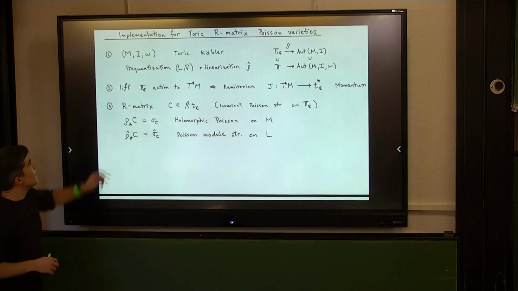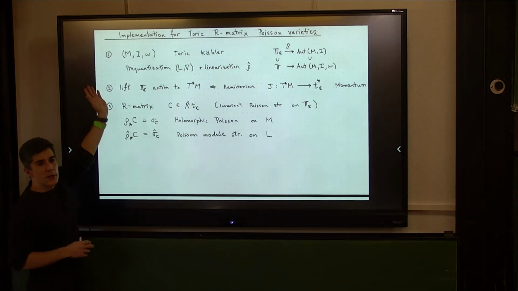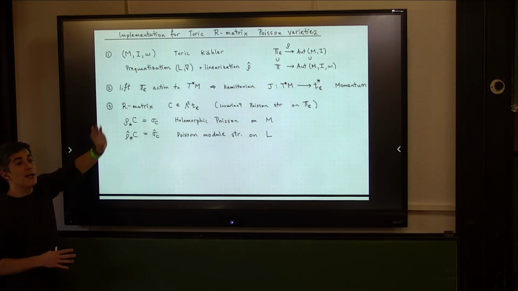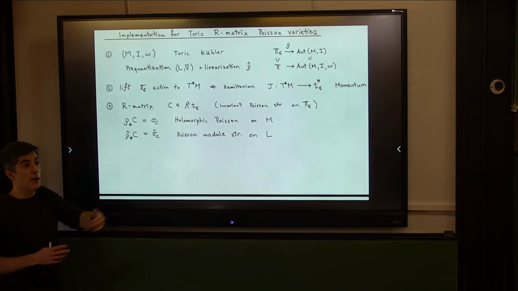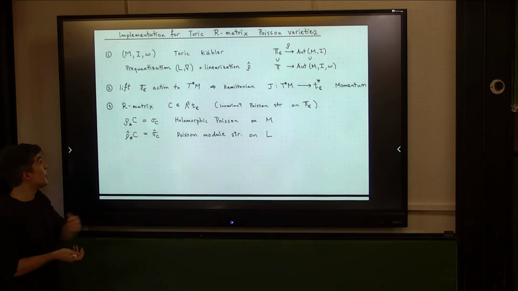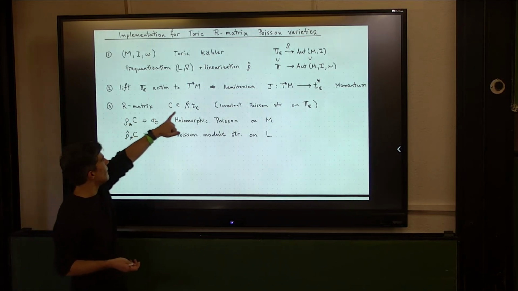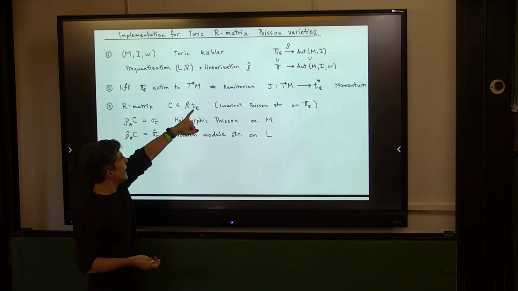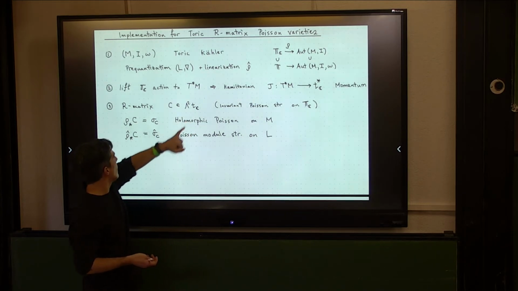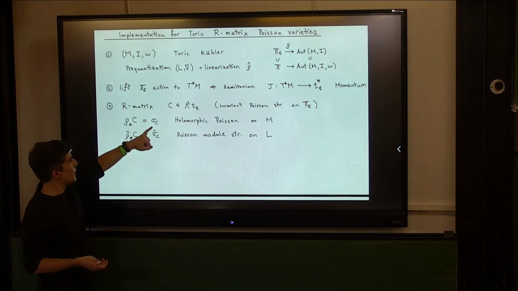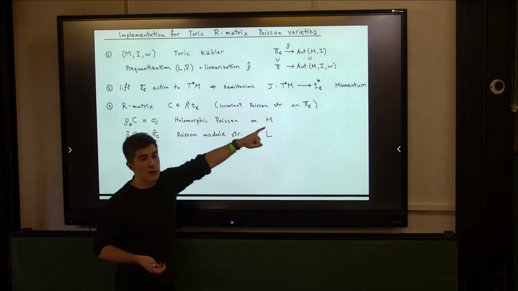Okay, so far everything I said is just toric geometry, toric Kähler manifolds. Now I want to bring in generalized Kähler, and I want to turn on a holomorphic Poisson structure. So you choose an R matrix in the Lie algebra of the torus. You push it forward by the action, and we get a holomorphic Poisson structure on the toric manifold.